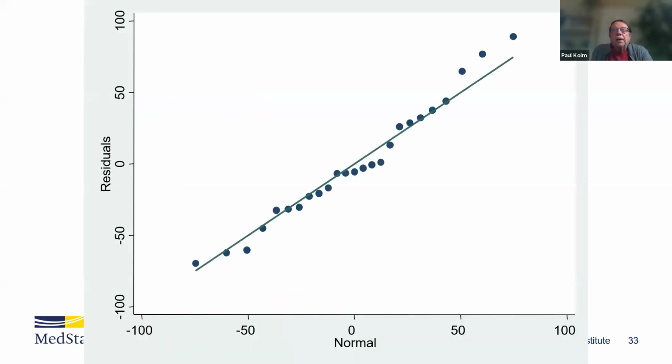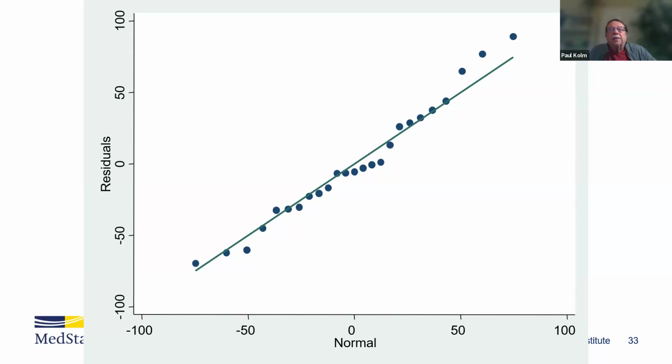So this is what we call a normal QQ plot, where our residuals are plotted against the normal distribution. And so this is what you should see if our assumption is met that the residuals are normally distributed with a mean of 0, that all of the points in the plot would fall along the line of equality there.